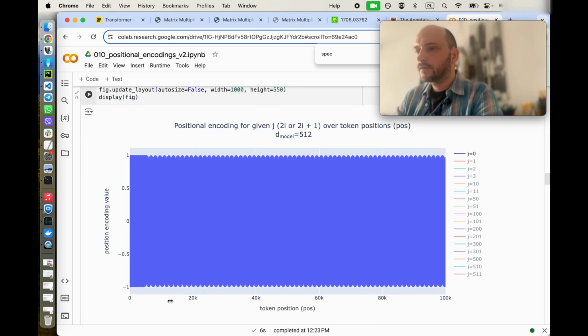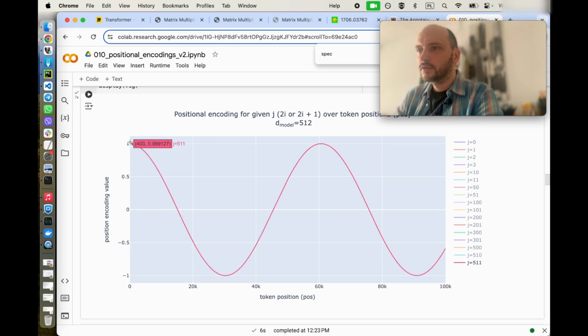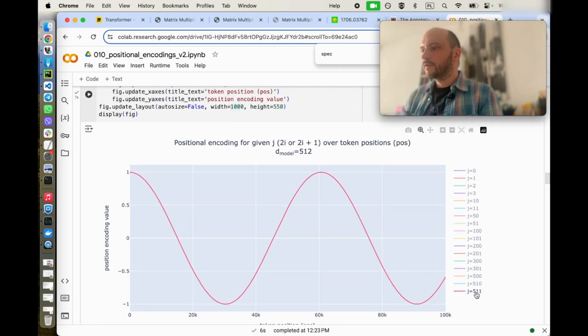If we take many positions, we see that the frequency is super high, and then the frequency at this position will be lower, right? So we see that at the maximal embedding position of 511, we have the maximal period of about 60K, and then the value starts to repeat.